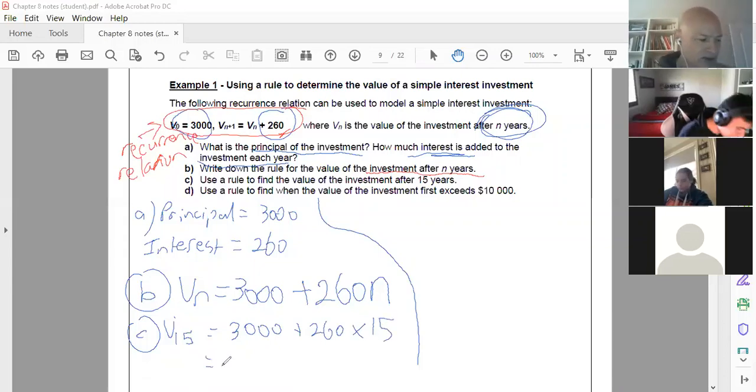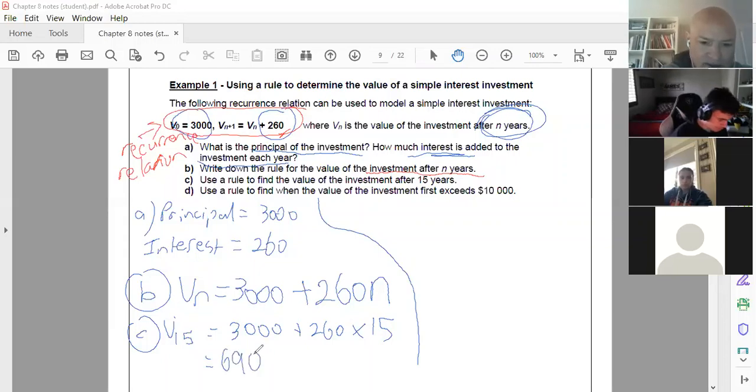Now, I don't know that off the top of my head, so I'm just going to get the calculator out and do it, and you guys can do it at the same time. 3,000 plus 260 times 15 is 6,900. So after 15 years, this investment is worth $6,900. Any questions there for you guys so far?